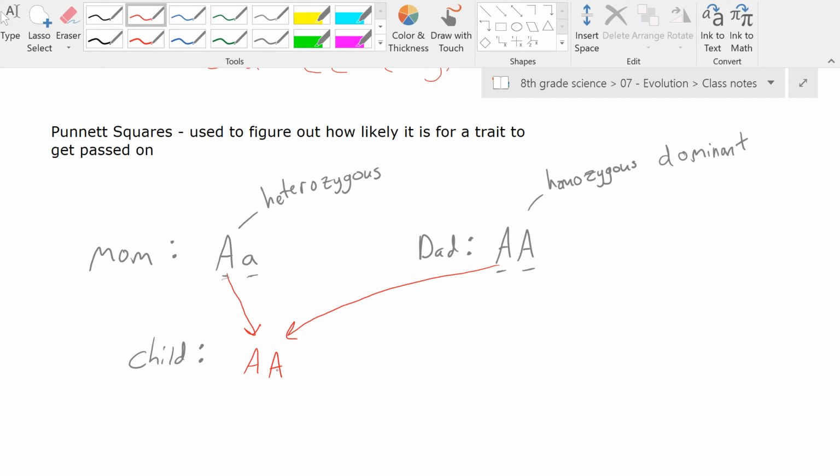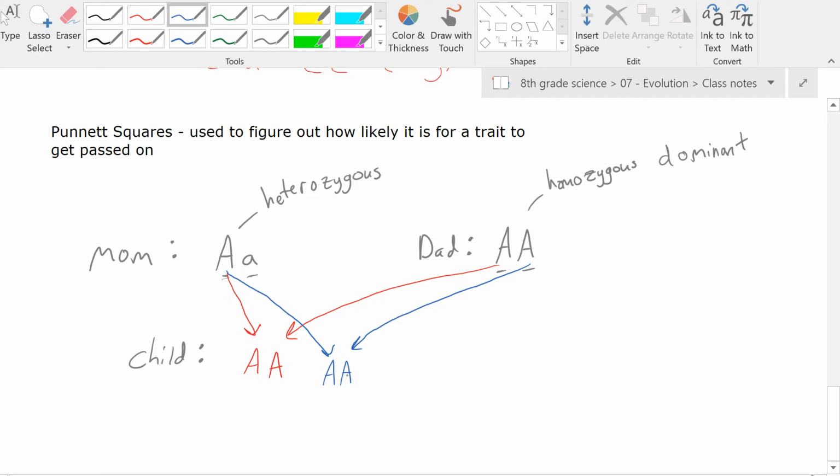So homozygous, dominant. Another possibility, mom still gives her big A, and dad only has big A's to give, so he could give that other big A, and we'd still end up with the same genotype for the child.